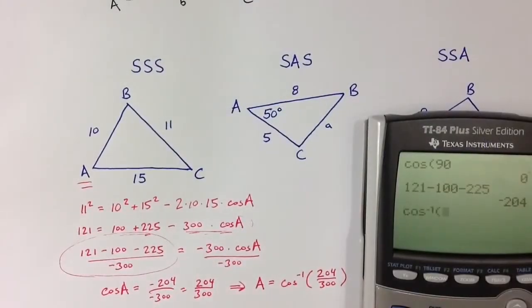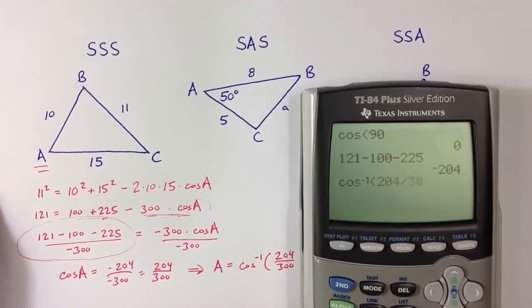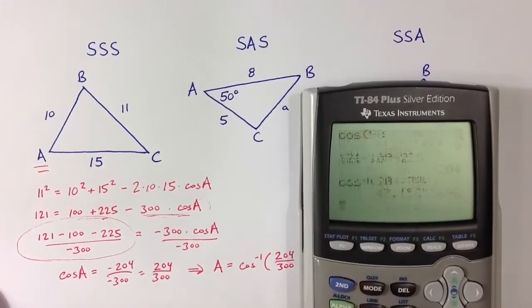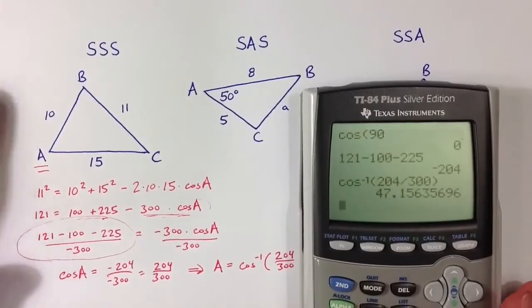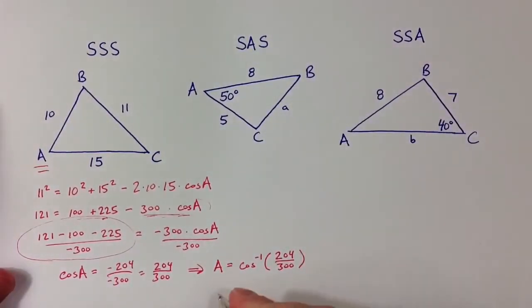That gives me an angle, and this angle turns out to be in degrees. Doing a quick check here, I'm in degree mode. And so angle A is approximately 47.2 degrees.